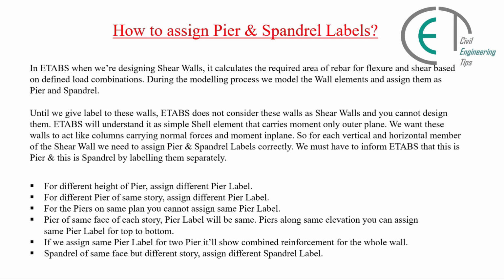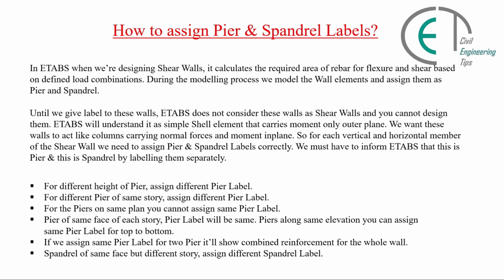In ETABS, when we are designing shear walls, it calculates the required area of rebar for flexure and shear based on defined load combinations. During the modeling process, we model the wall elements and assign them as pier and spandrel. Until we give labels to these walls, ETABS does not consider them as shear walls and you cannot design them.